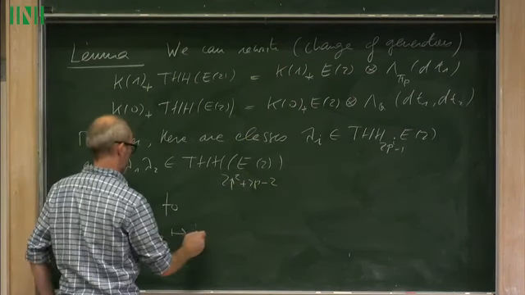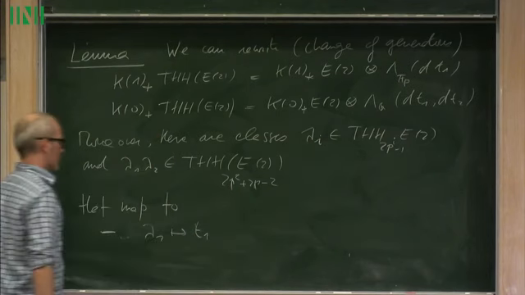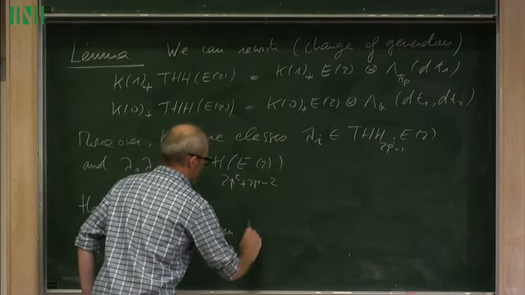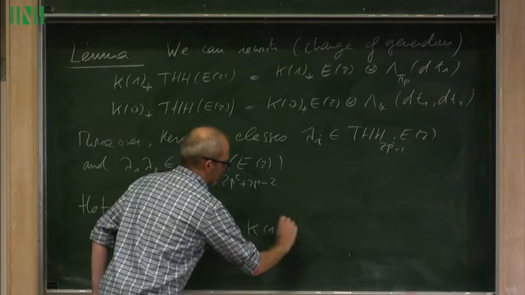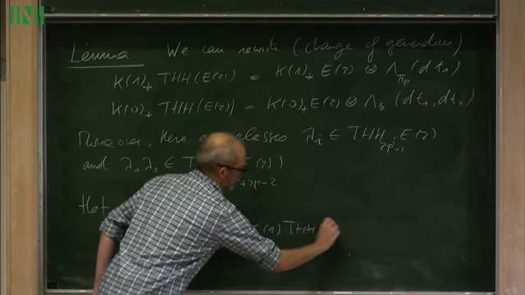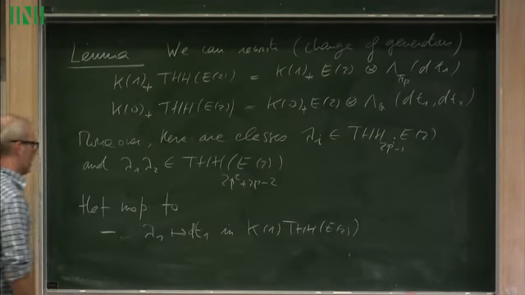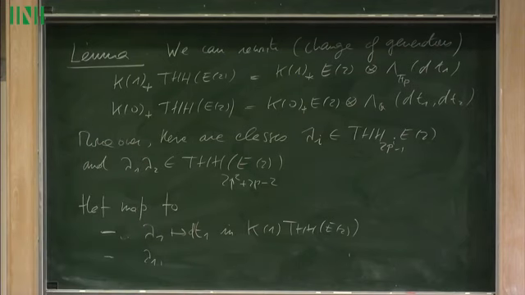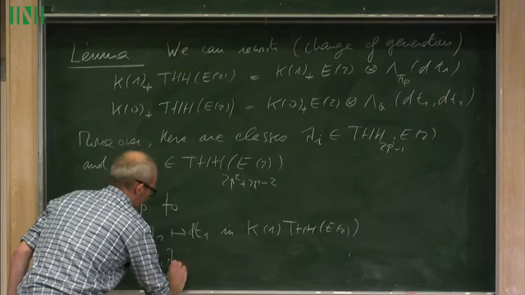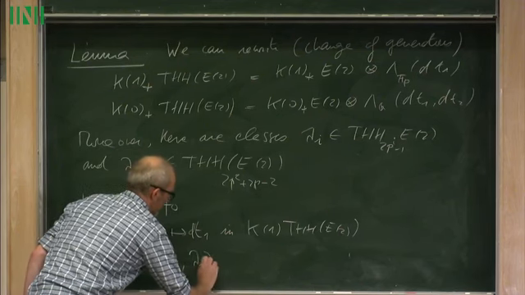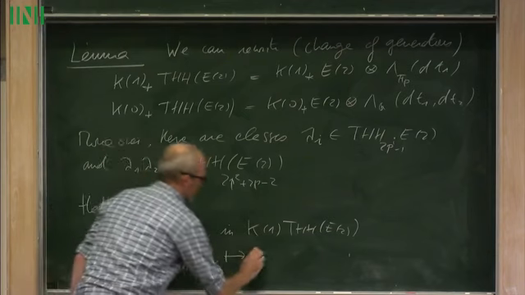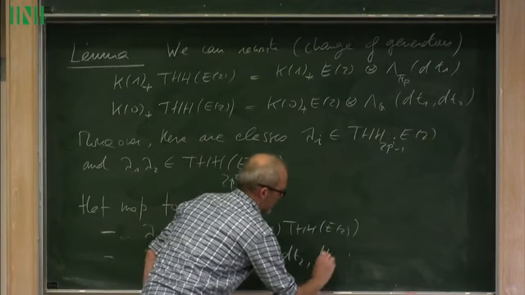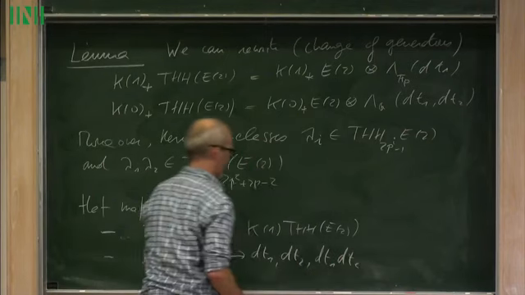Lambda 1 is going to map to DT1, and lambda 1, lambda 2 will map to DT1, DT2 rationally.